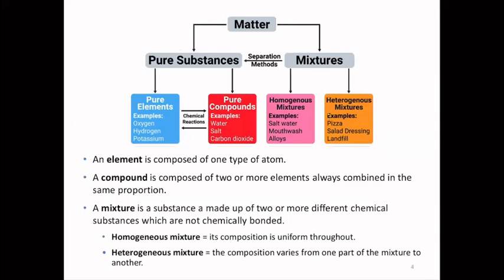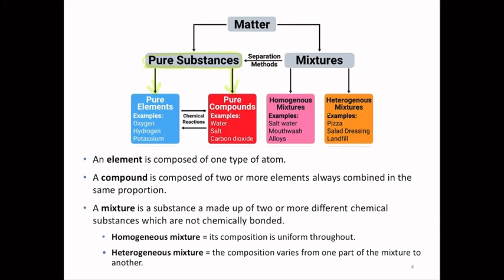So there are two subgroups within pure substances. So as we can see here, when we have this large family of pure substances, we can have pure elements and we can have pure compounds. And those are going to be the two members of the pure substance family.